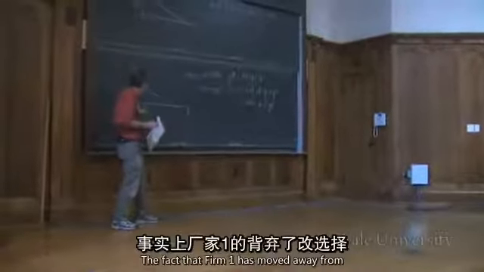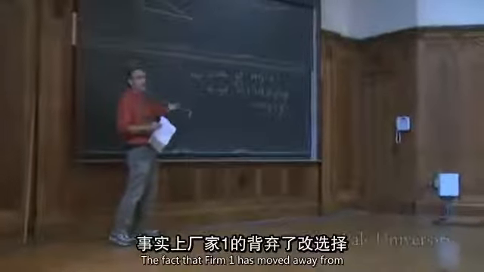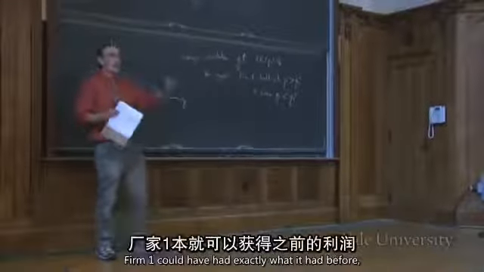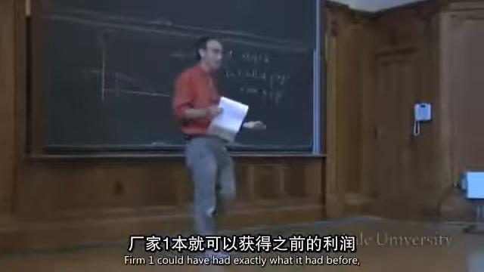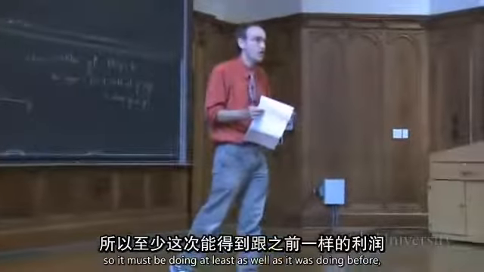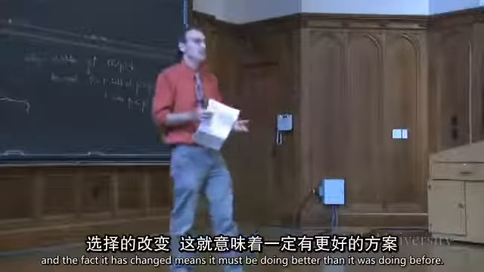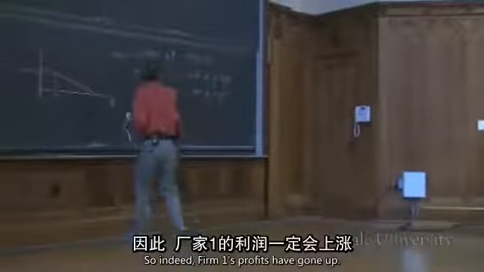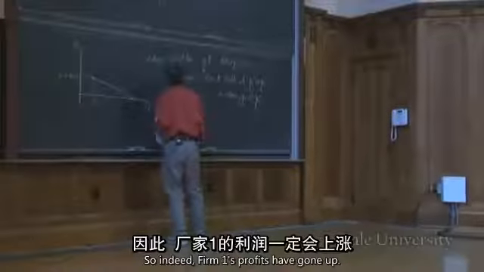The fact that firm 1 has moved away from that must mean there are higher profits available. So in another way, firm 1 could have had exactly what it had before, so it must be doing at least as well as it was doing before, and the fact it's changed means it must be doing better. So indeed, firm 1's profits have gone up.